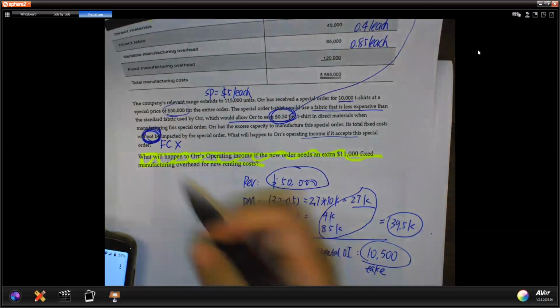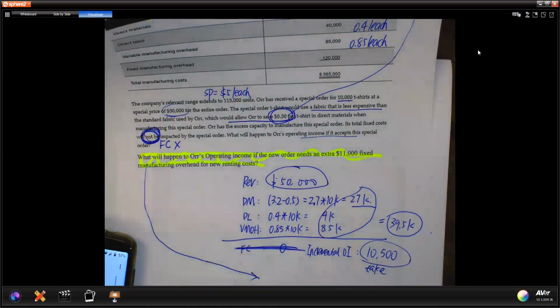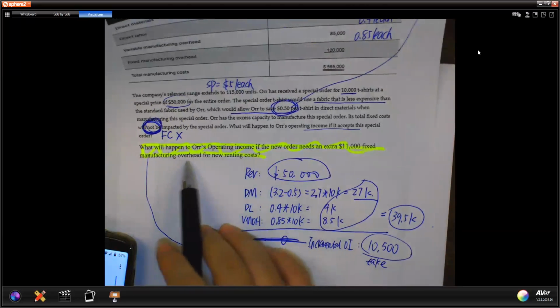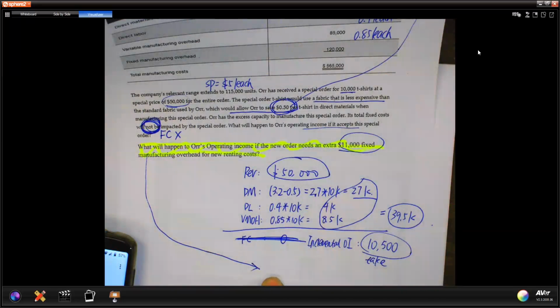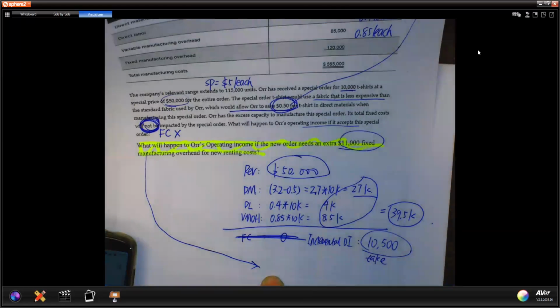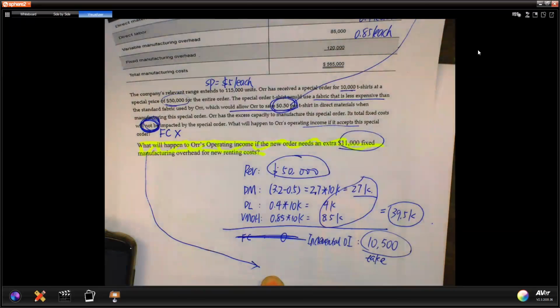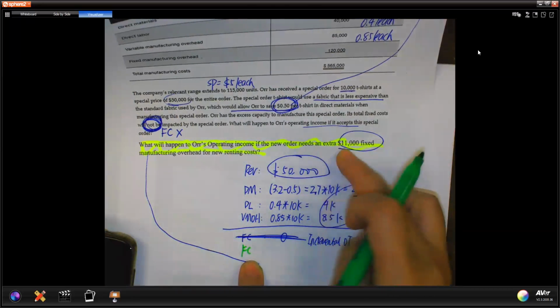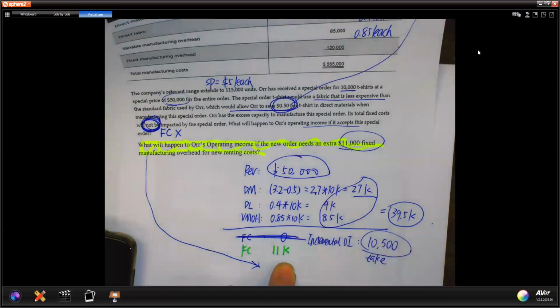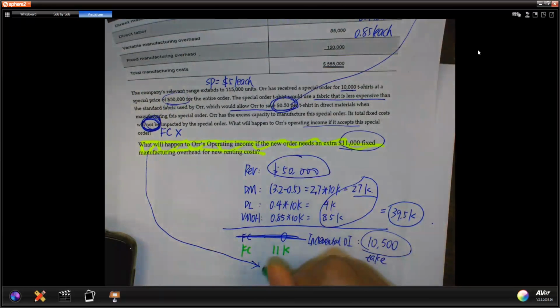Okay, in class, we didn't talk about this, but I want you to look at it now in this video. Say, if you take that one, you also have to spend an extra 11,000 in fixed cost. If that's the case, our decision will be different, because before, the incremental fixed cost was 0, right? But now, in this second situation, your incremental fixed cost will be 11,000. Then your incremental revenue is 50,000.